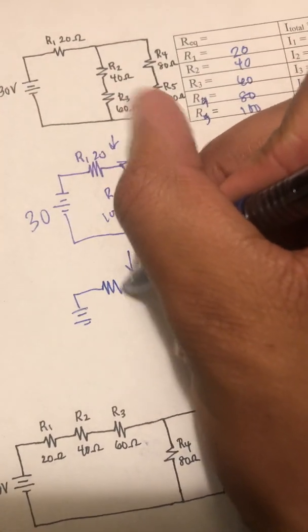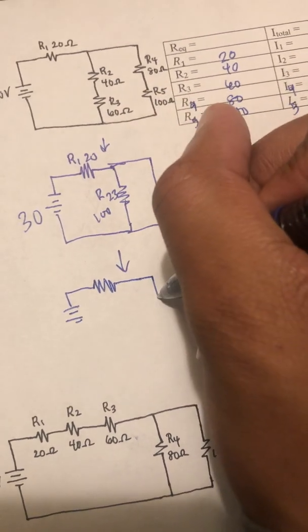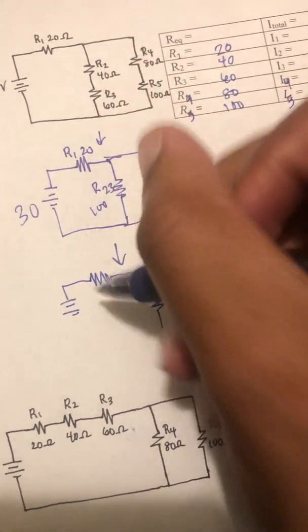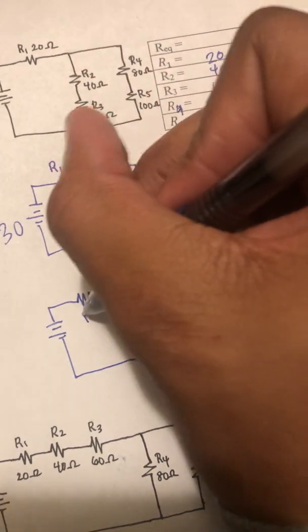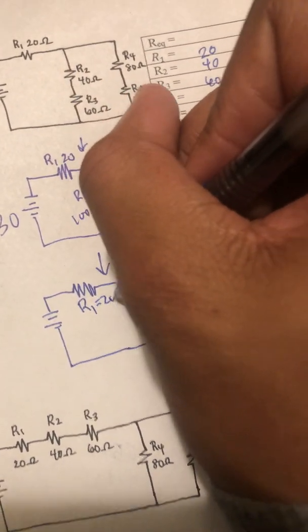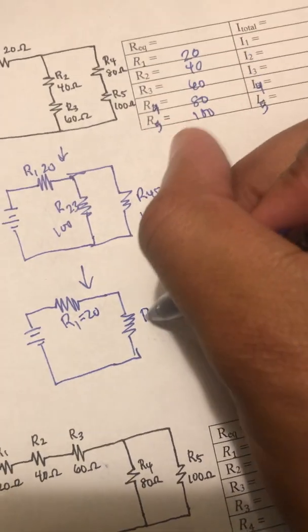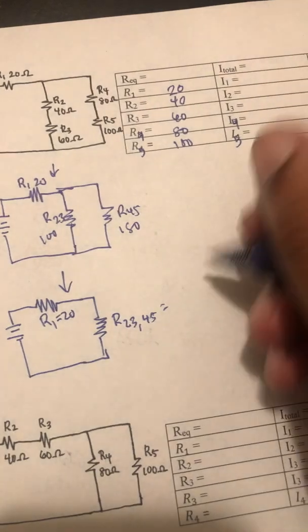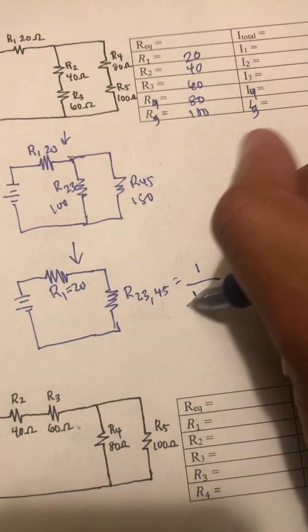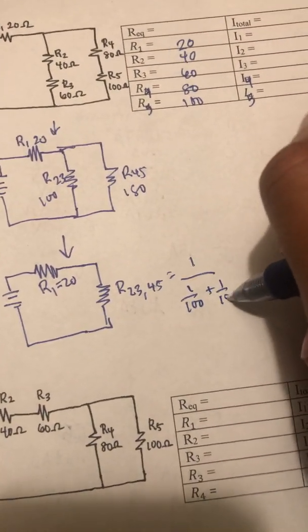So I still have my R1. It's just hanging tight right there. So I have R1, which is 20. Then I have R2, 3, comma, 4, 5. Which, since I combined them in parallel, it's 1 over 1 100th plus 1 180th.